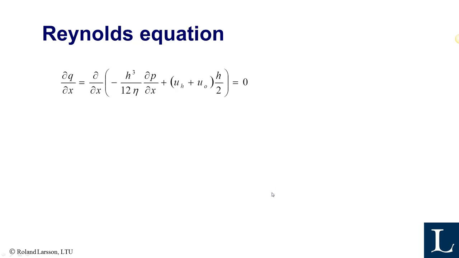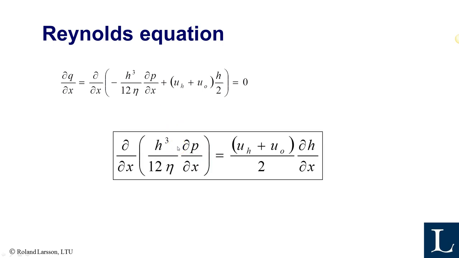You use that expression in the continuity equation. dq/dx is 0. That means that this equation must be 0, and this is actually Reynolds equation. This is the continuity equation in the form of Reynolds equation. So Reynolds equation is actually the continuity equation.